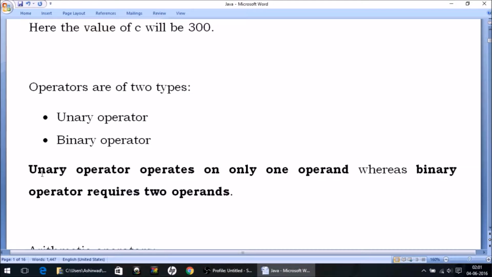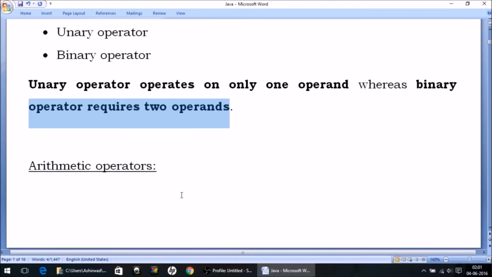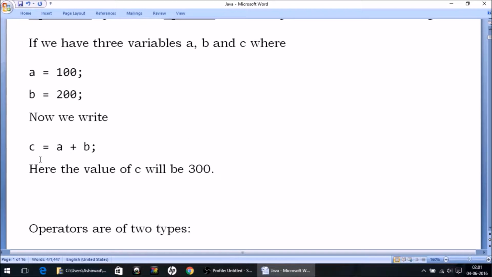We will see later on in the upcoming videos what the unary operators are and how they work. But for now we'll be concentrating mainly on binary operators. As far as binary operator is concerned, you have to remember that it requires 2 operands. So in this example we can say plus is a binary operator because it is operating on 2 operands, and that is a and b.